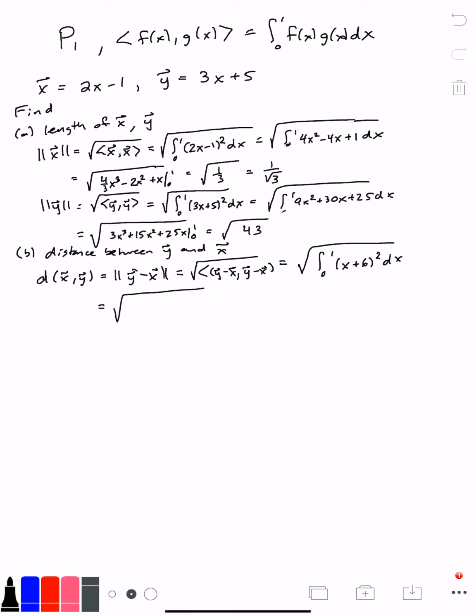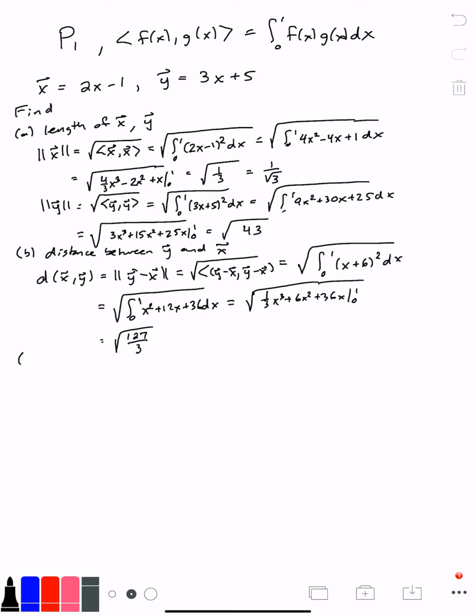So that's going to be x squared plus 12x plus 36, which is the square root of 1/3 x cubed plus 6x squared plus 36x from 0 to 1. And let's see here. That's going to be 42 1/3. So 127/3, I believe. So anyway, that's just the distance there.